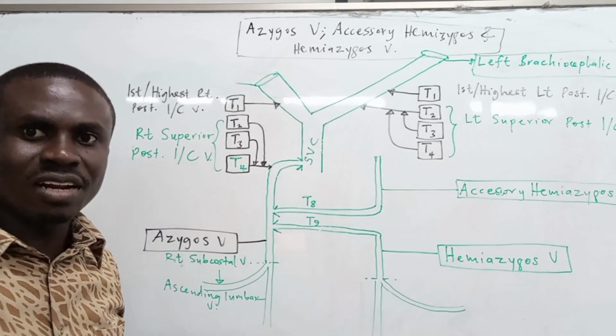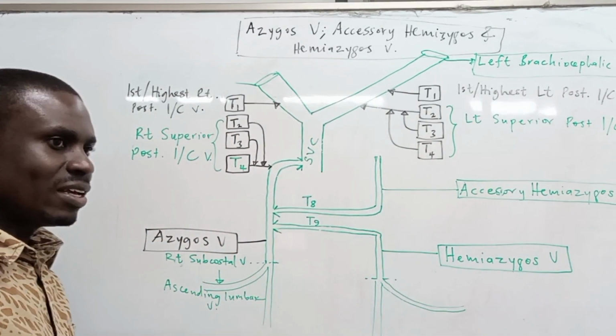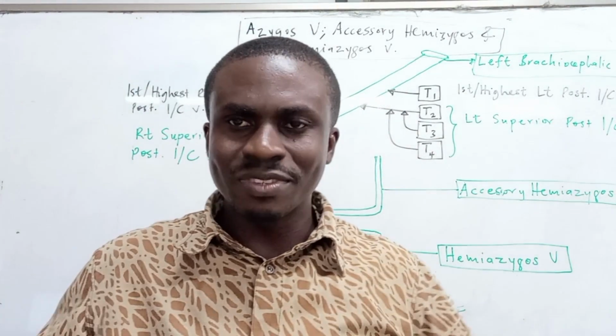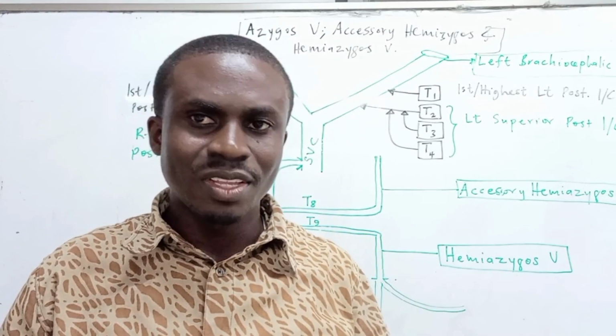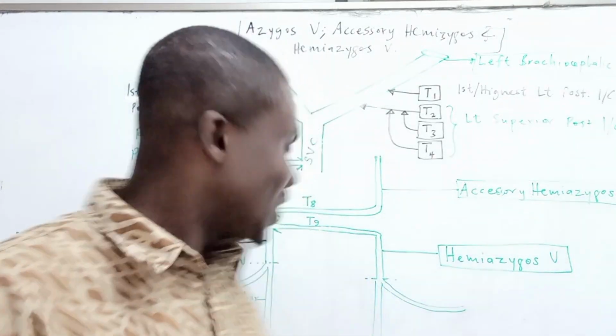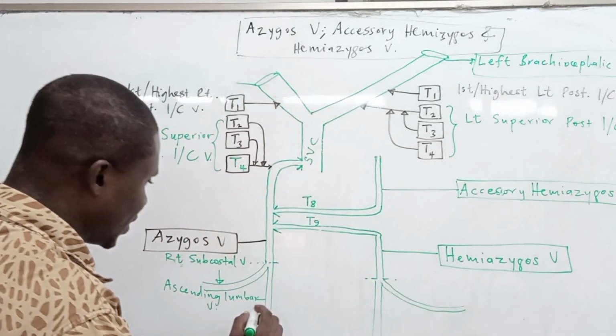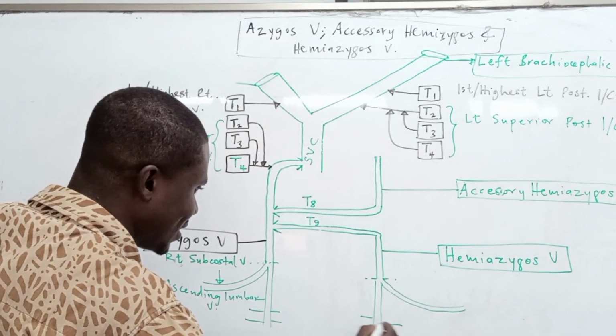One thing I want you to understand about this ascending lumbar vein is that it will receive some tributaries. When you look at the abdomen, you have lumbar arteries, and the same way we have lumbar veins. So this one will receive lumbar veins.